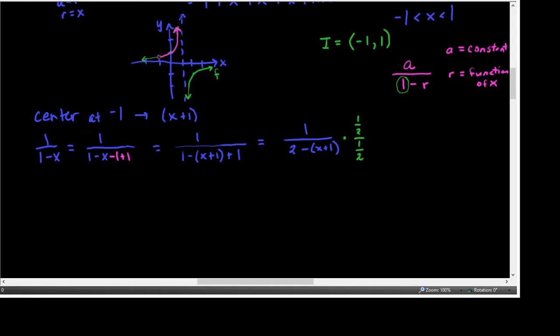And of course, I have to multiply by 1/2 over 1/2 to make that happen. And distributing, that becomes 1 minus x plus 1 over 2. So at this point, we now have this written in the form of a over 1 minus r.